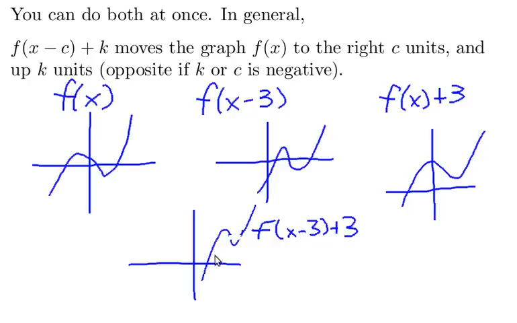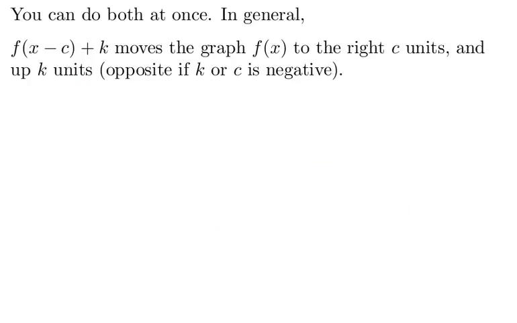But let's go ahead and do this on the grapher. That way we can see it more clearly. So, for example, f of x equals x plus 3 squared minus 2. Okay, so what we have here is a function.